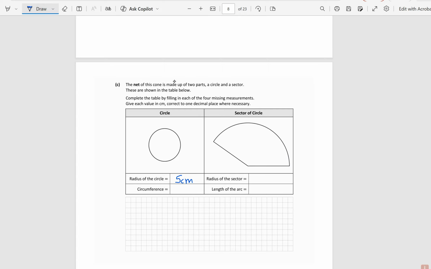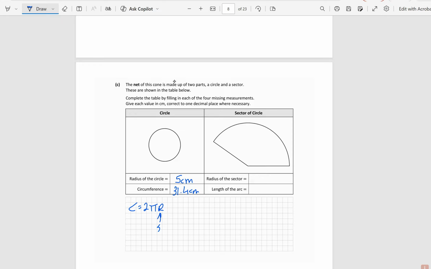You find the circumference by doing circumference equals 2 pi r, and r, remember, is 5. So you will be getting 31.4 centimeters.